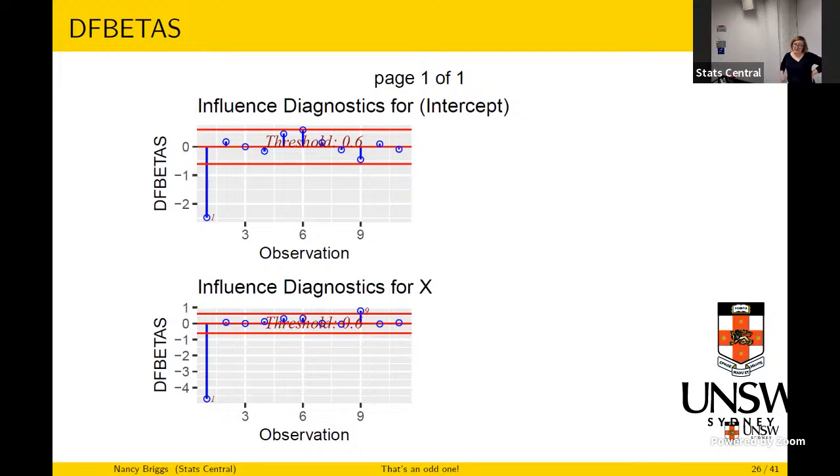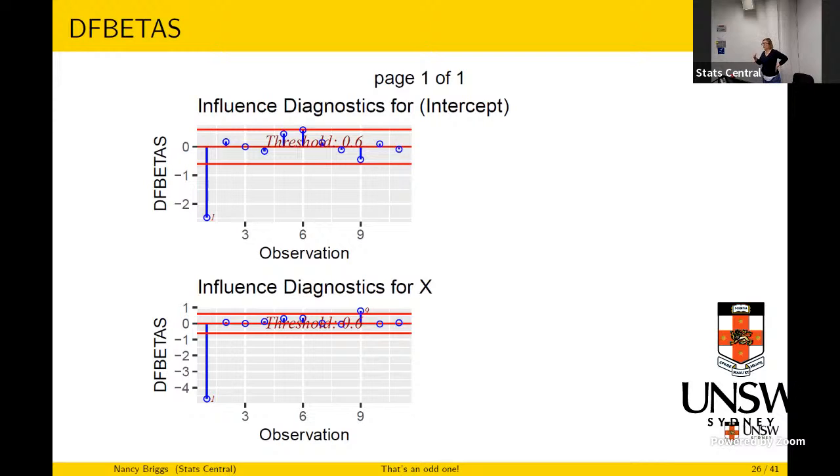And here you can see that for the intercept and for our predictor value, that one observation is quite influential for both of those. Now, sometimes you will have these plots which indicate a particular case that influences only one of these.